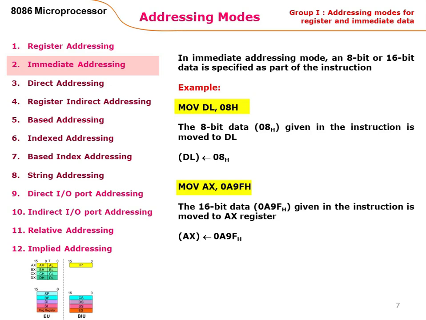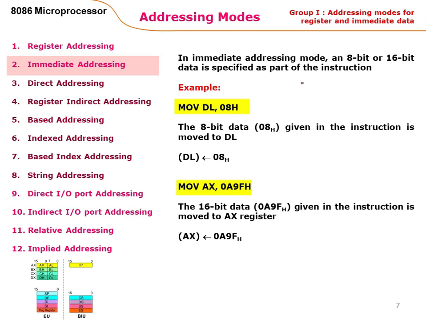Take another example, MOV AX, 0A9FH. Here AX is a 16-bit register, so we can move 16-bit data 0A9FH into this AX register. We will see these examples.